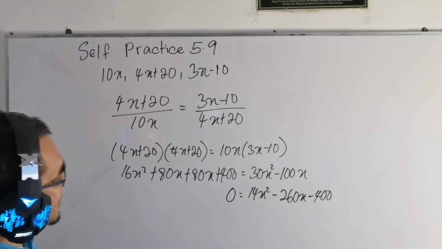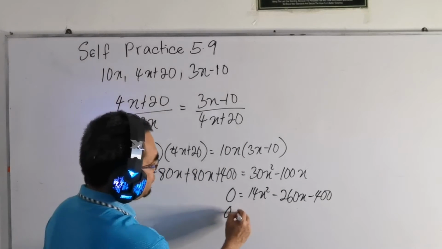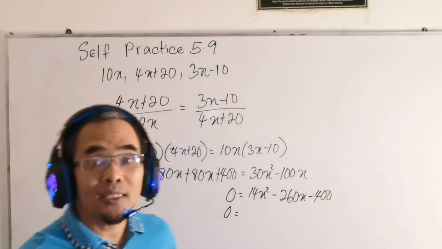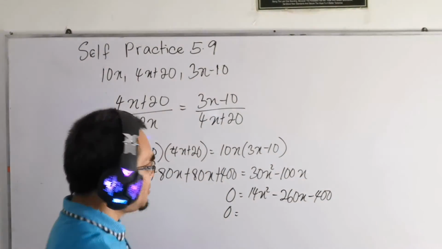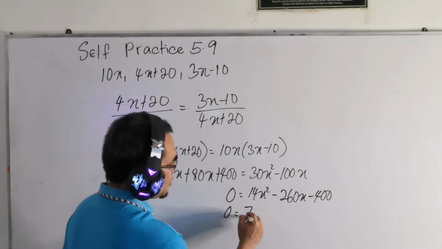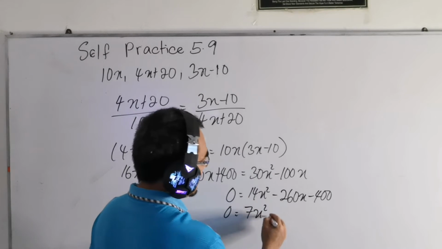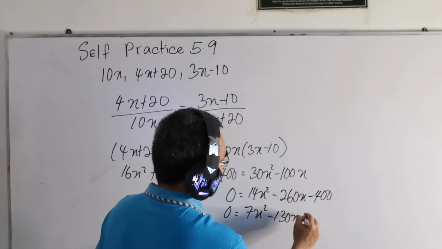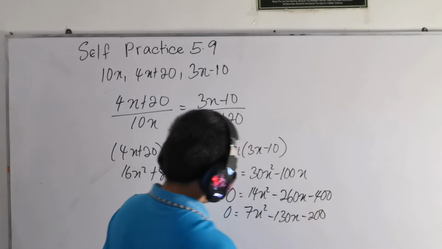So in this case, we can simplify if you wish. If you do not want to simplify, that is okay. Just press the calculator. So we have here 7x squared minus 130x minus 200.